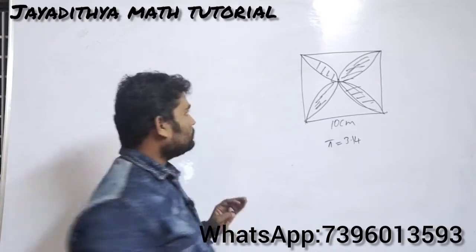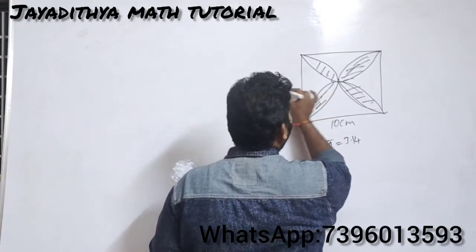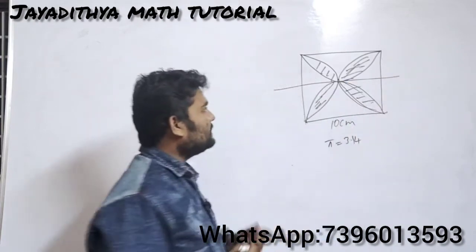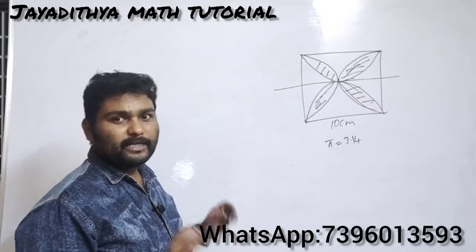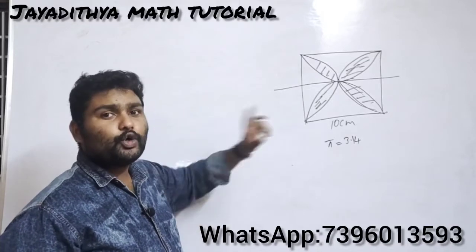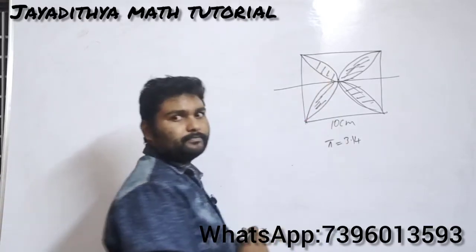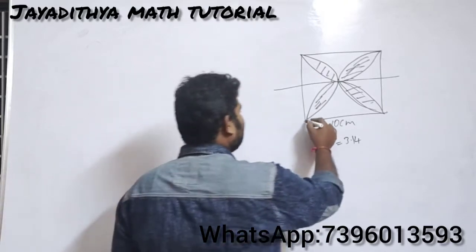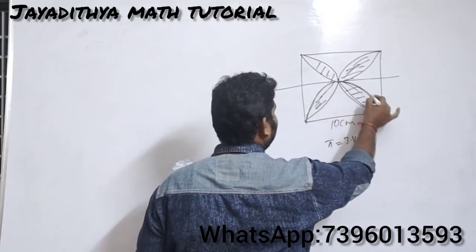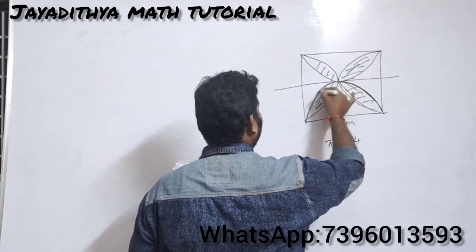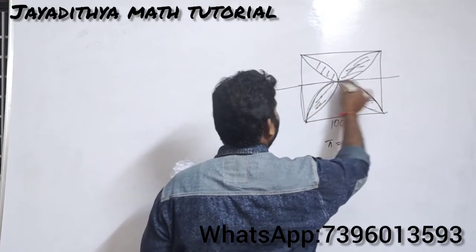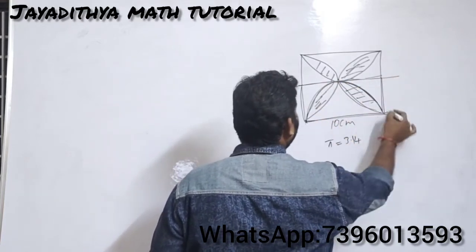See here clearly, Nana, let me divide the square in this manner. He has given the side as 10 centimeters. Just for your understanding I am dividing, don't divide. So if I subtract the semicircle from this rectangle area, so this becomes a rectangle, right?